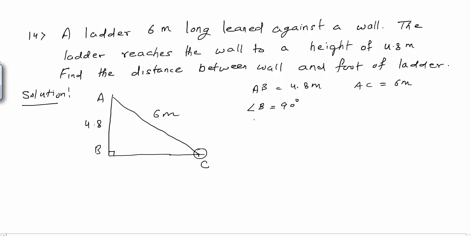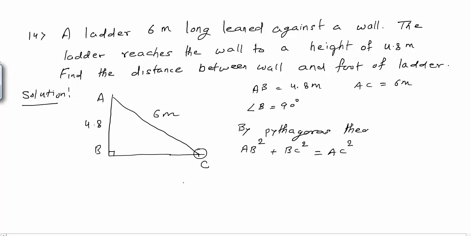Again we can apply the Pythagoras theorem. So by Pythagoras theorem, AB square plus BC square is equal to AC square.